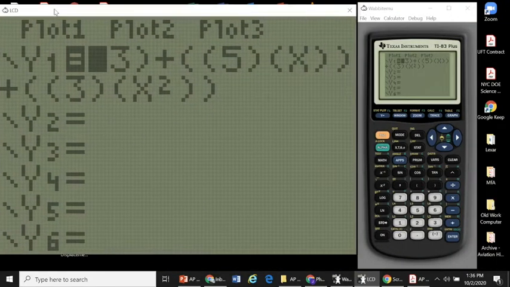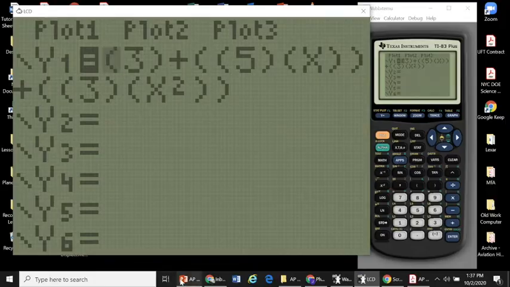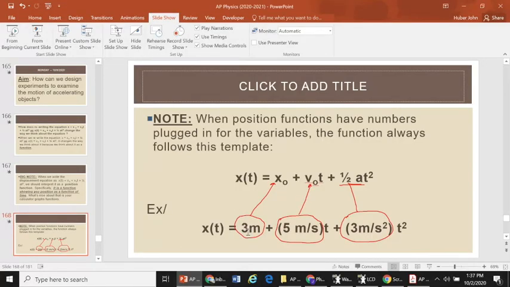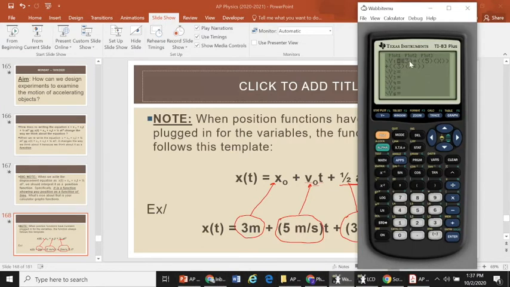and type this in. So notice, let me just go back to that screen for a second. The number that's by itself is the initial position. So we put the 3 by itself. The number that's multiplied by t is the initial velocity, so we multiply 5 by x. Notice in your calculator, the button for these functions to type them in is x instead of t, but for our purposes, the t in the equation is going to be replaced by x in your calculator.